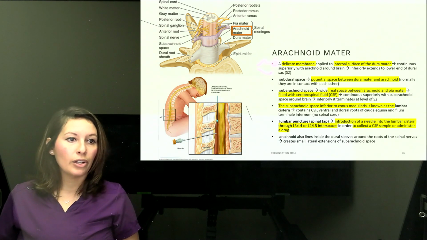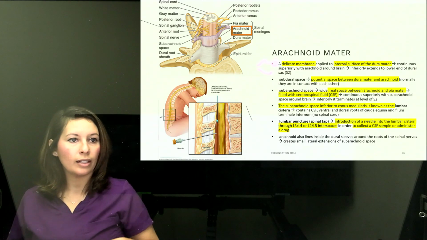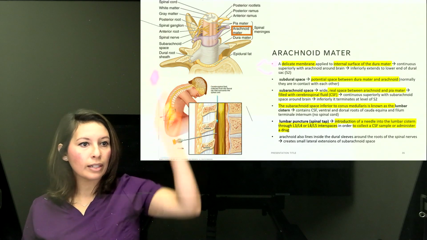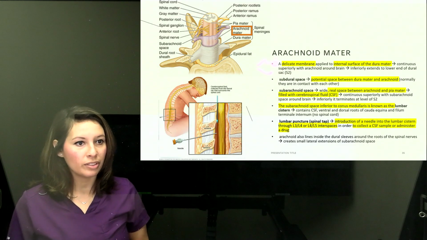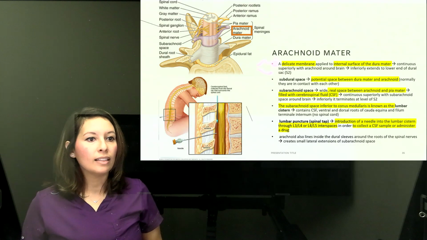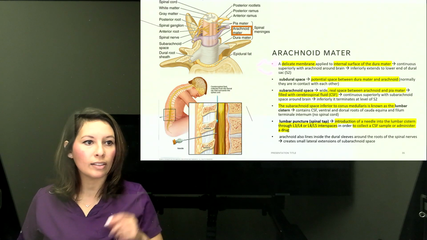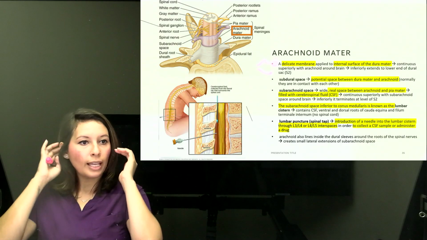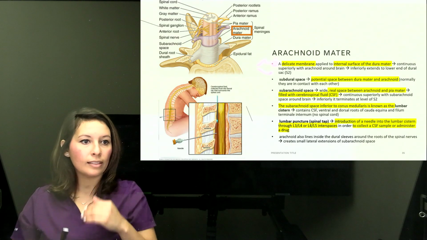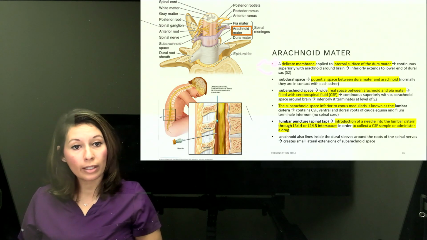Another thing is the second layer, which is the arachnoid mater. You can see it in this picture over here. This arachnoid mater, as the name implies, looks like a spider web, which is why it's called arachnoid. And it's a very delicate, thin layer of tissue on the internal surface of the dura mater. And so now with these two layers, we can form some spaces, including the subdural space and the subarachnoid space.